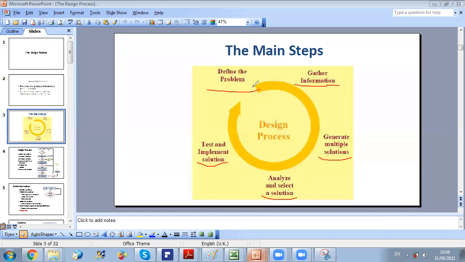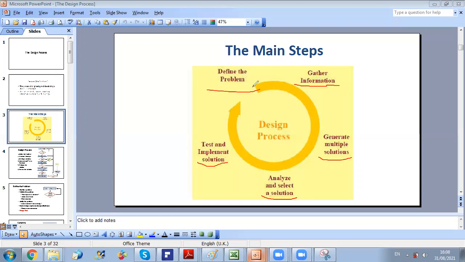Because as we said, the design process is iterative and all of its steps will be iterative steps. So we might go back again to these steps or alter them and change them depending on the evolution of the project. Okay. So the more you develop your design and you have a clear idea of it, the better will be your understanding of the real problem.